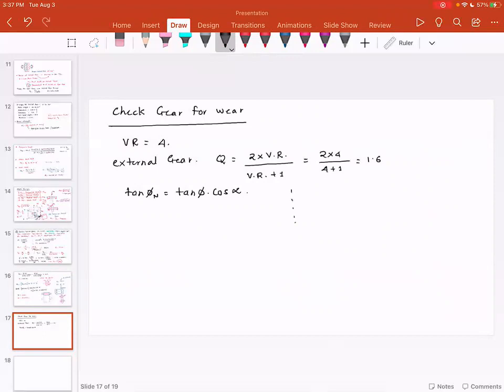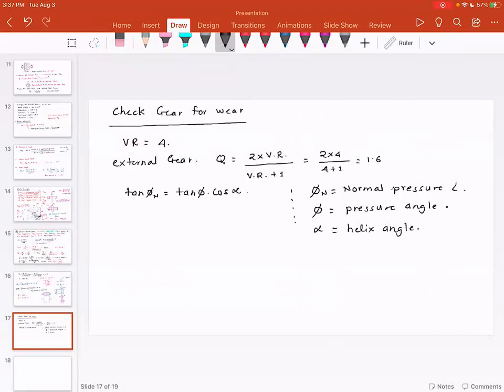So phi n is the normal pressure angle. Phi is the pressure angle. And alpha is the helix angle.